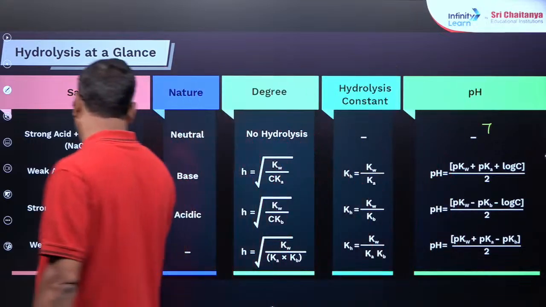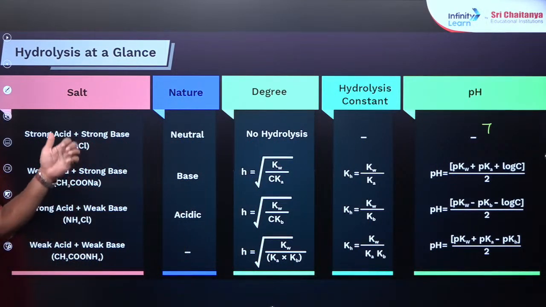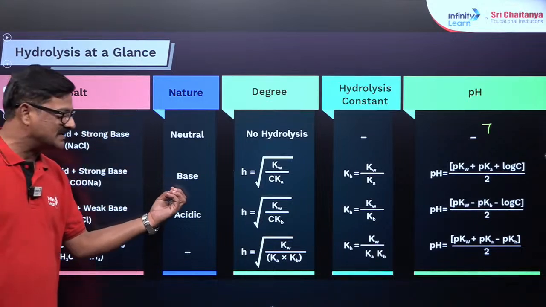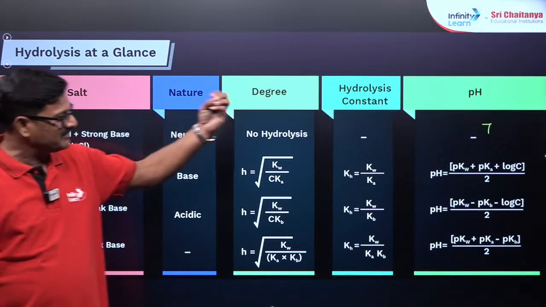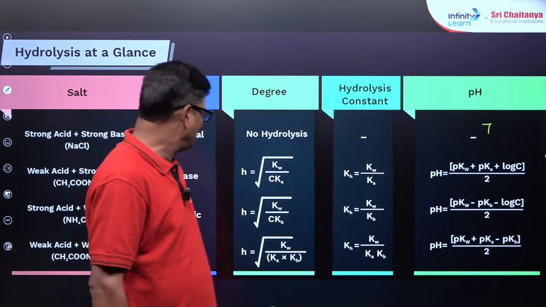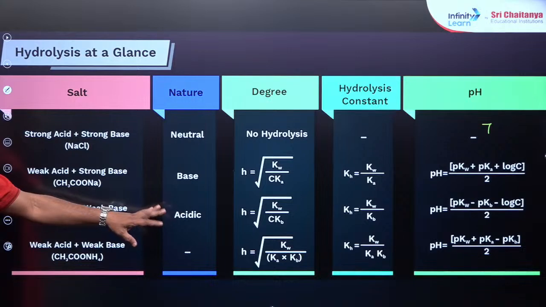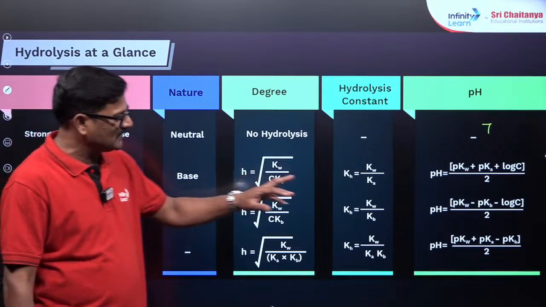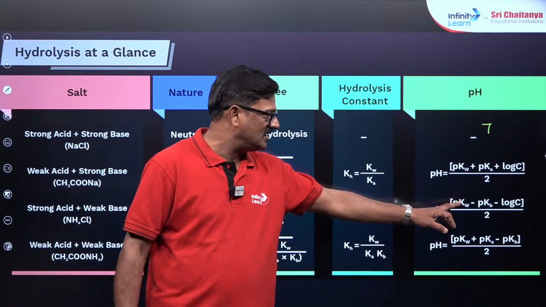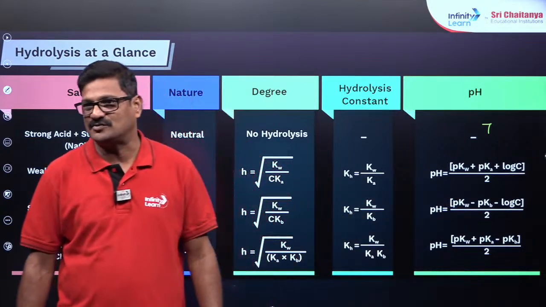For a weak acid and a strong base, example acetic acid is taken, the nature of the solution is basic, and the pH can be calculated by this formula. And if it is a strong acid and a weak base, the nature of the solution is acidic, and the pH of the solution is pH equal to pKw minus pKb minus log C by 2.